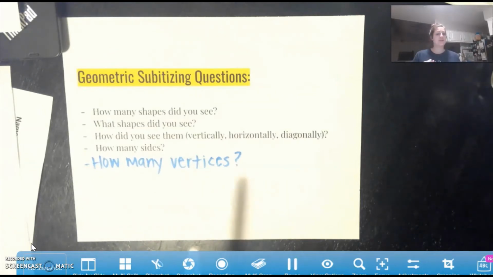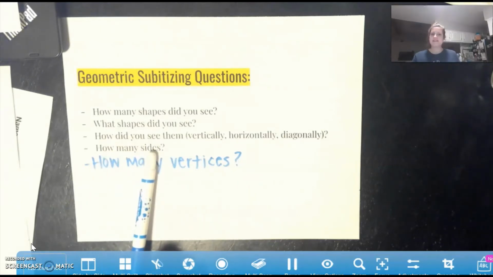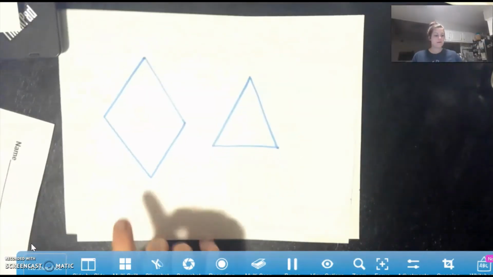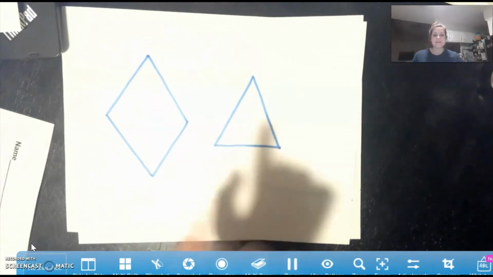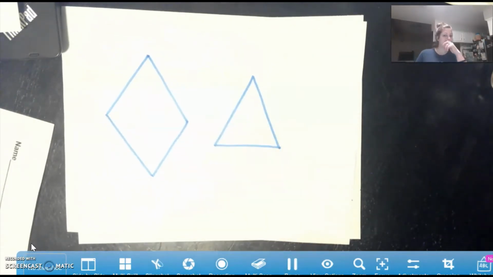Here's where it gets tricky and it challenges you. How many sides did you see? Remember, we have 2 shapes. So how many sides do we have?